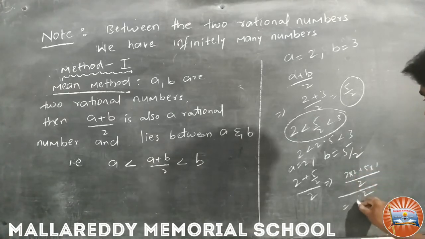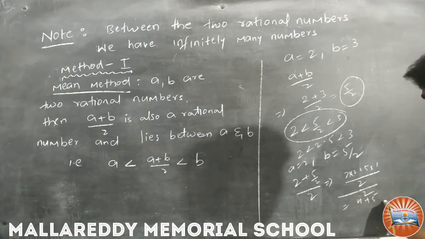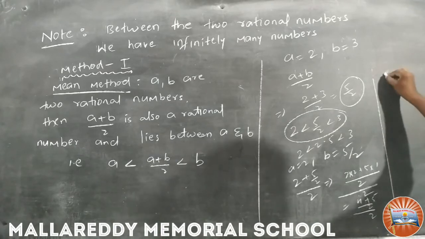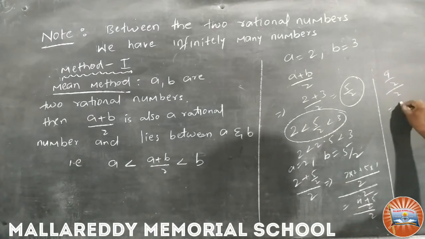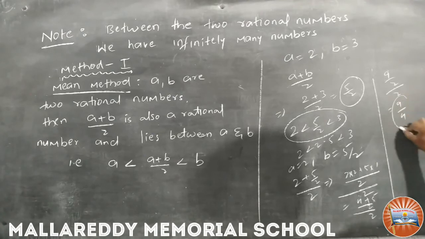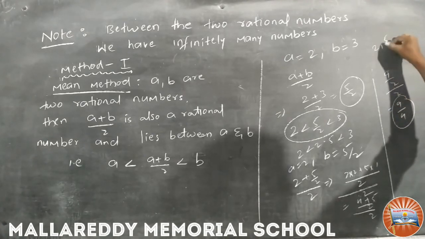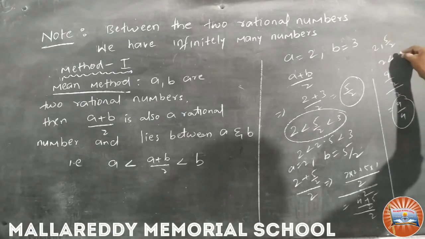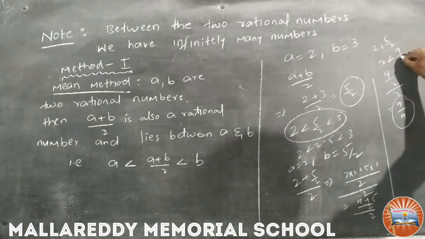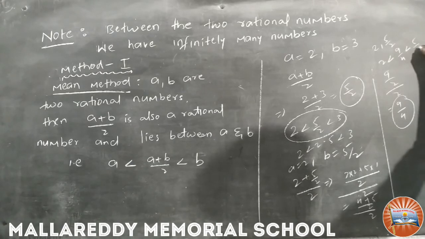That is 4 plus 5 by 2 by 2, which we can write as 9 by 2 by 2, it is 9 by 4. This 9 by 4 lies between 2 and 5 by 2, that means 2 less than 9 by 4 less than 5 by 2.